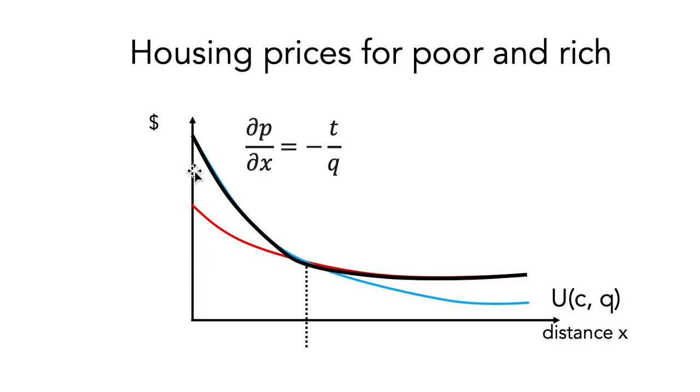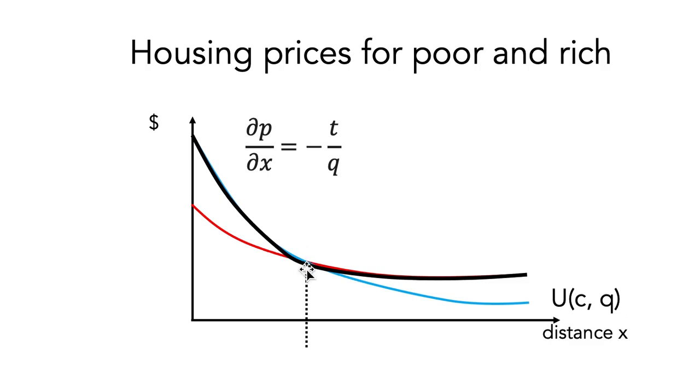Over here, the poor are willing to pay more for the housing, and over here, the rich are willing to pay more. Therefore, here, the poor outbid the rich, and over here, the rich outbid the poor. But in this spot, they have the same distance. But if you recall from the original monocentric model, the rich have a bigger house, and the poor have a smaller house. And this makes all the difference.